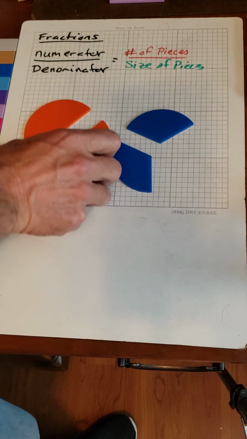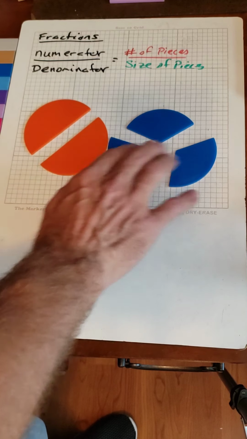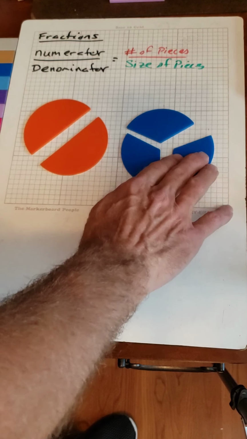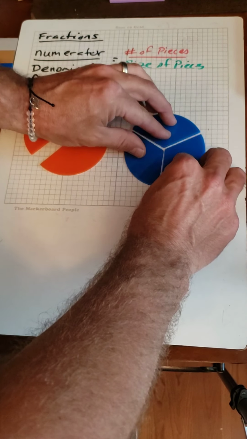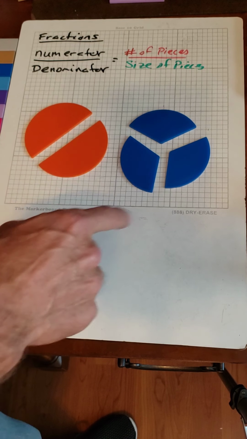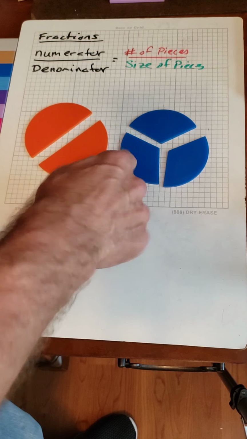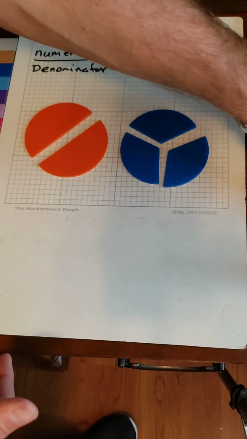And obviously it is. We already knew that it was. But that's why here my denominator would be 3, because it takes 3 of these to make a full circle, where here it only takes 2 to make a full circle. So the more pieces you need to make a full circle, that means the smaller those pieces have to be.